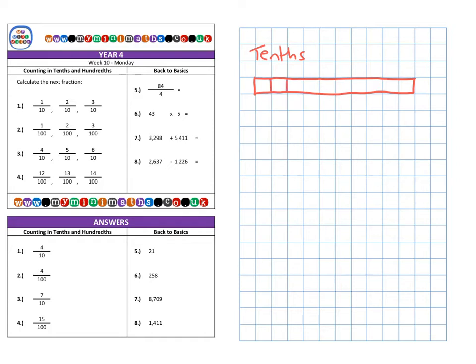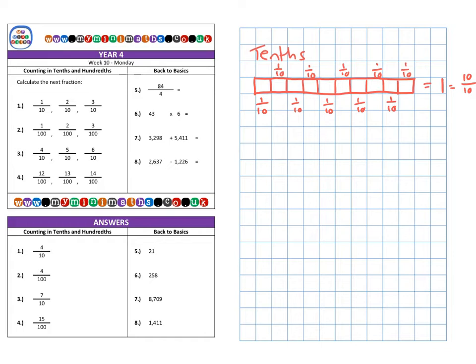So 1, 2, 3, 4, 5, 6, 7, 8, 9 and finally 10, and we know that each one is worth a tenth. And so we can say altogether 10 tenths is the whole chocolate bar or whole pizza.